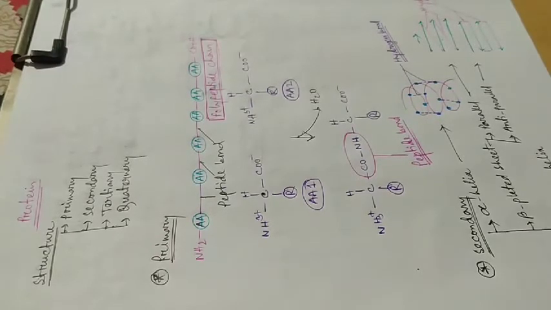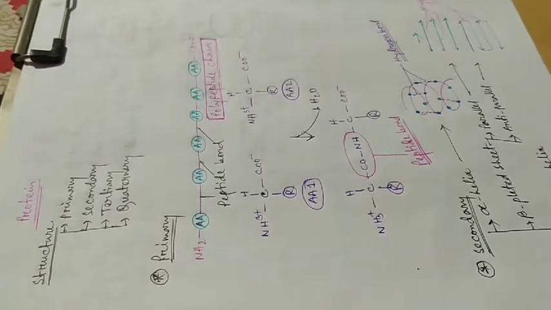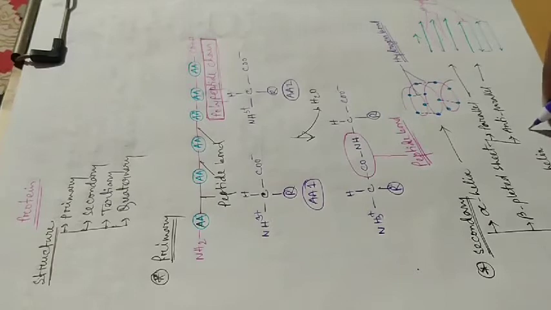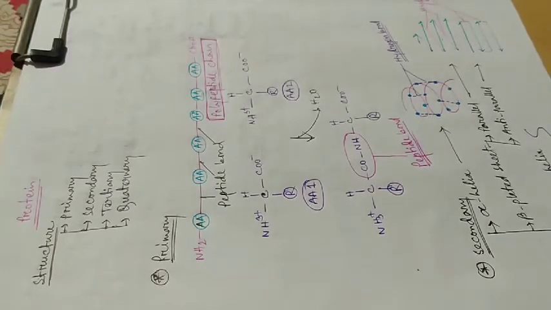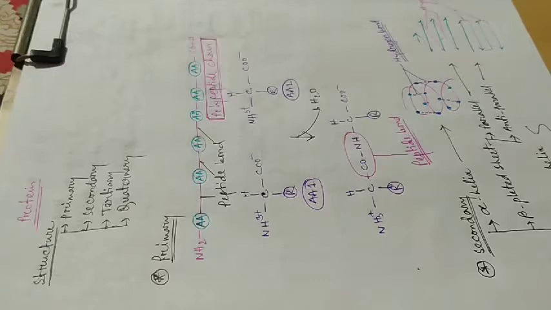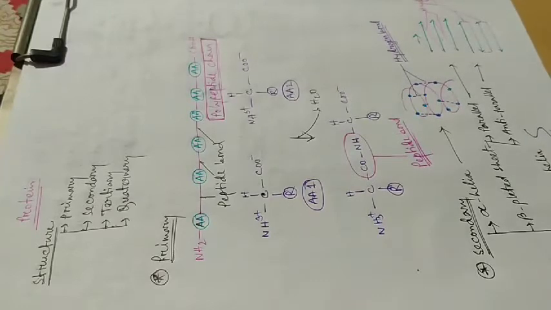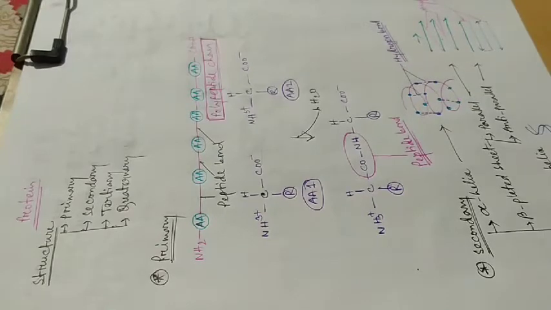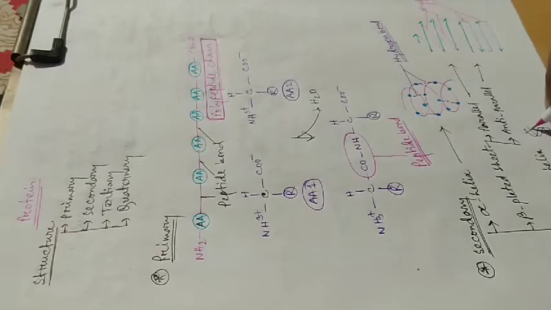Three polypeptide chains coiled around one another means, in collagen helix, that is a peptide chain, that is also a peptide chain, and that is also a peptide chain.